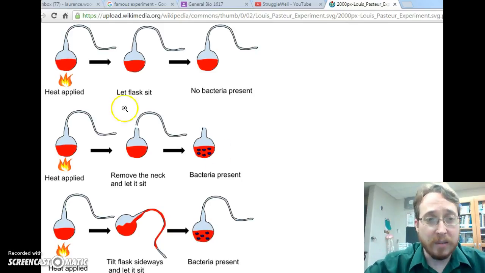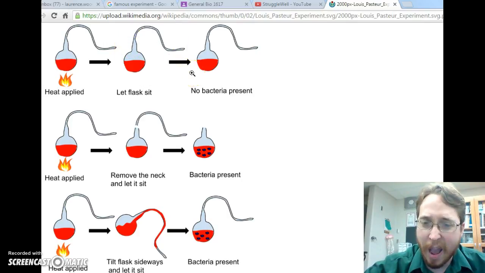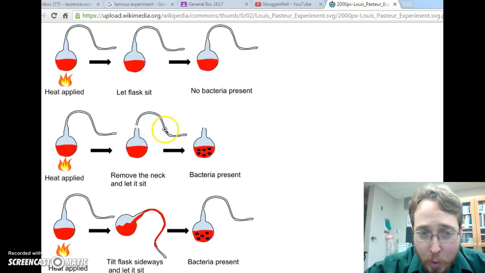So we've got multiple tests. In this one, we have the swan neck flask. We didn't make a change. We just used the swan neck. So it is open to the air, but it's open to the air with this strange shape that makes it harder for things to get into the bottle. In this one, they removed the neck.